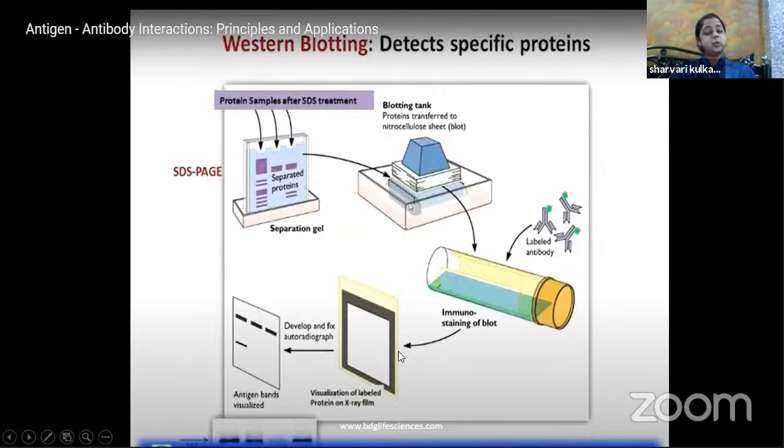After immunostaining, we take it to the X-ray film, and then we develop and fix the autoradiograph, where we can see where the antigen antibody interaction has happened. So antigen binding will be observed by means of these bands.